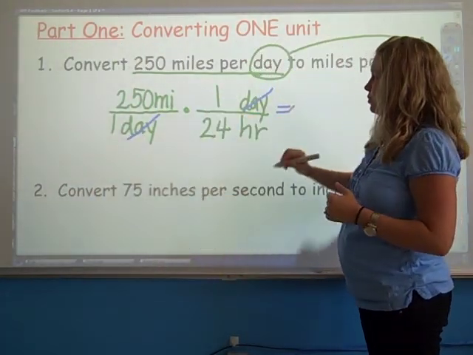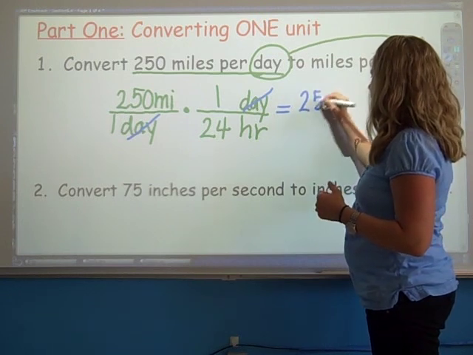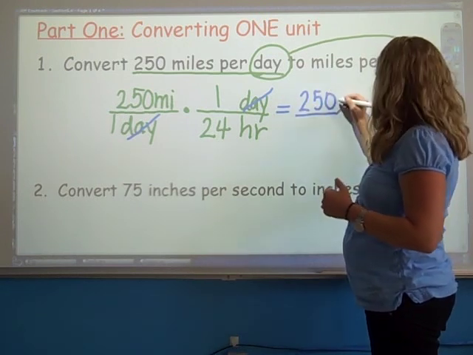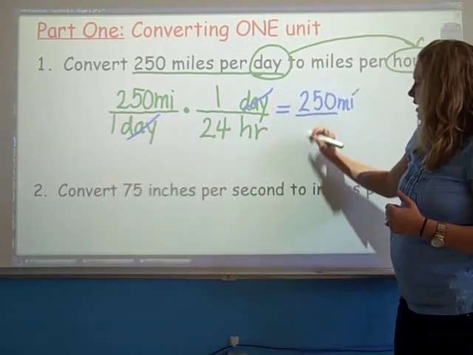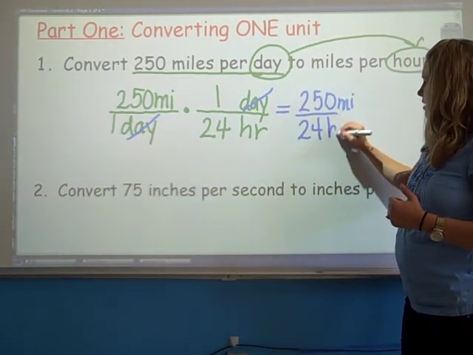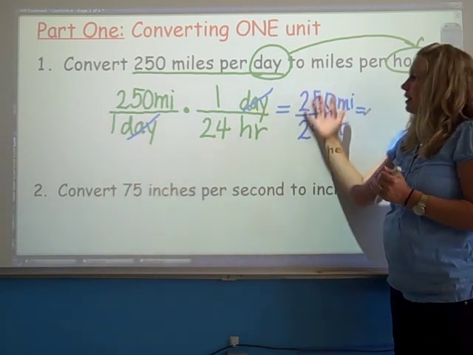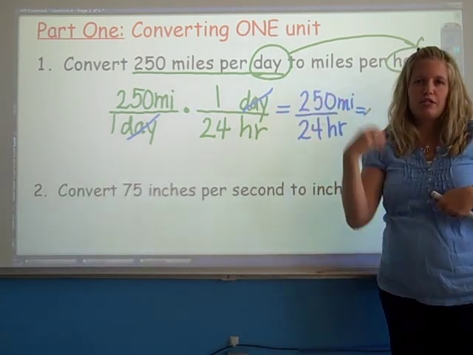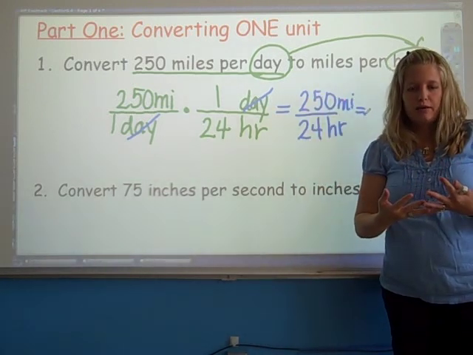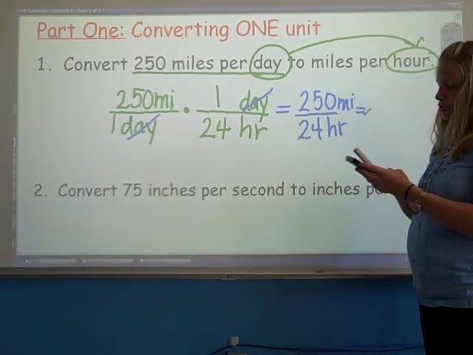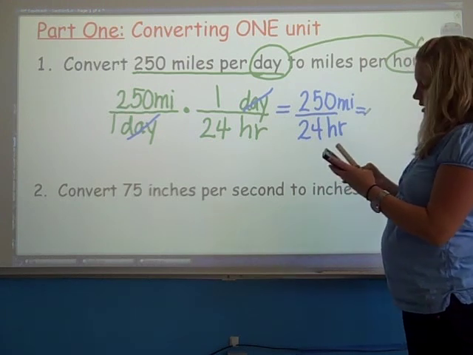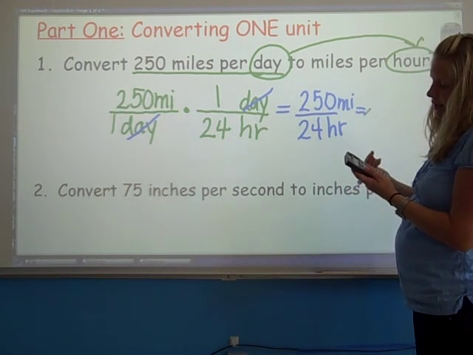250 times 1 is 250 miles. On the bottom, 1 times 24 with hours is 24 hours. And what you're going to do, you're not going to leave it like this. You want to make them into unit rates. You want to divide them out and give me a simplified answer without a fraction in it. So I'm going to do 250 divided by 24, and I'll get 10.4.